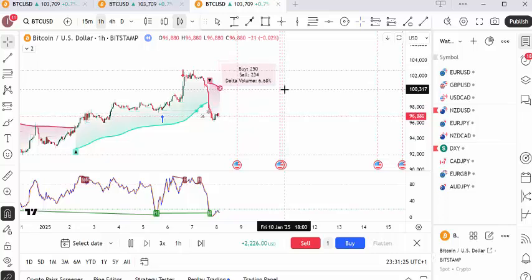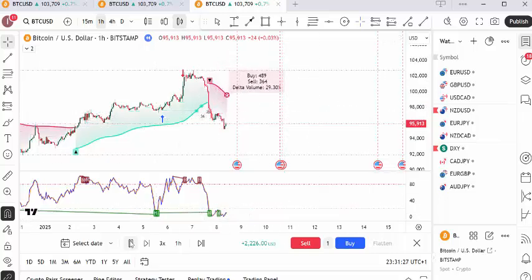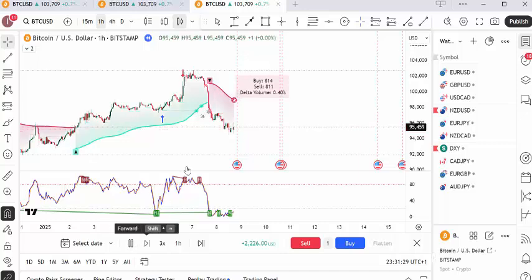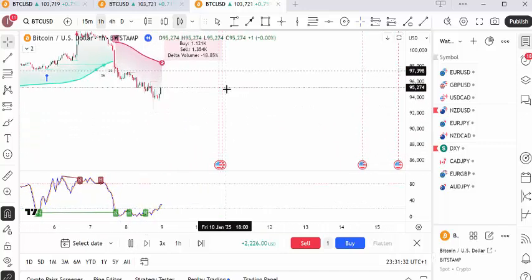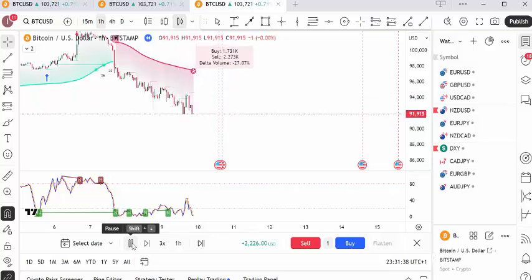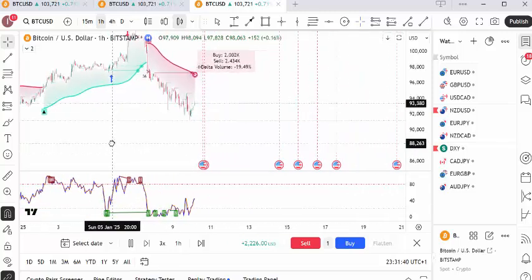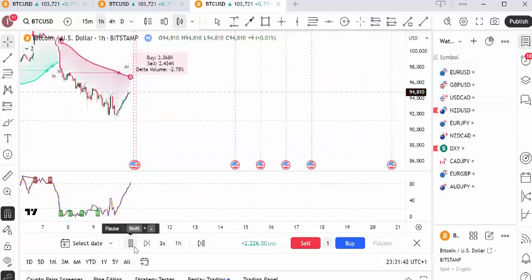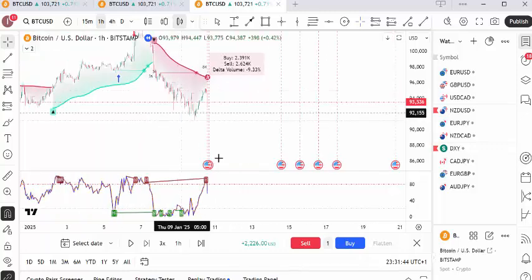Market is bearish, so we don't take that bullish divergence and we wait for the bearish divergence. It's coming. The bearish divergence is coming. Okay, good. We have our bearish divergence.